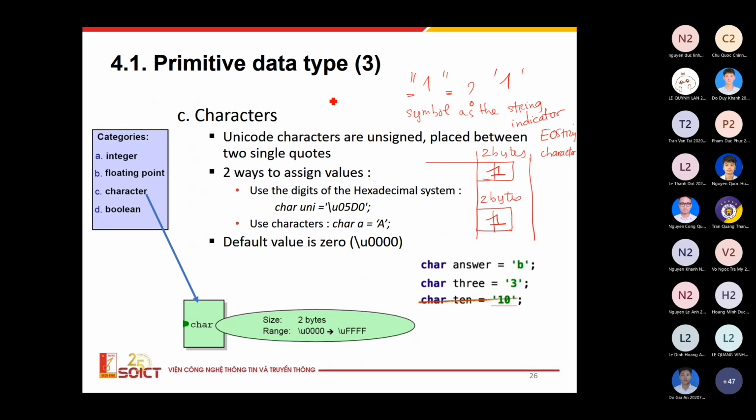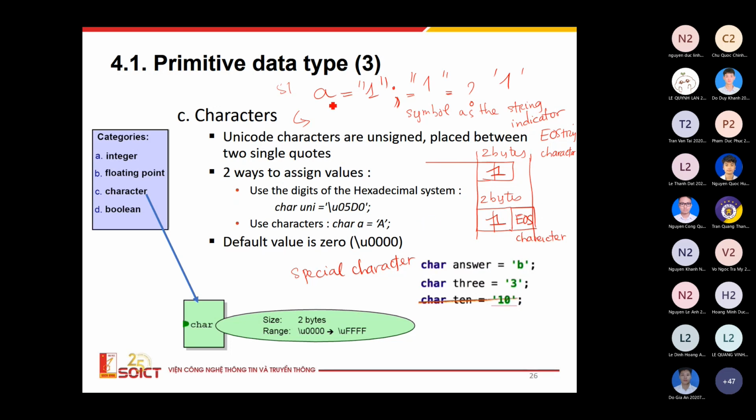That means if you declare a variable of type string and assign it to 1 like this, in the memory it will store the number 1 and also the end of string character. Yeah, that means you will have some very special character. Later you will know the end of string character. So for every string, after the last character, the system will insert the end of string character.